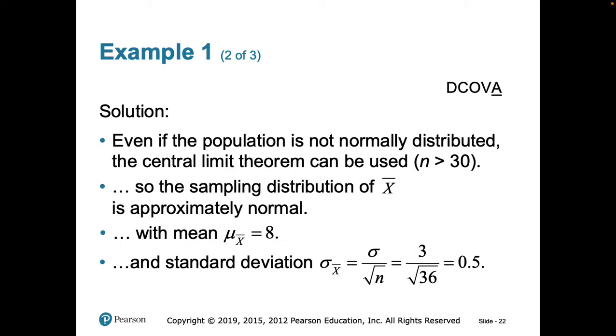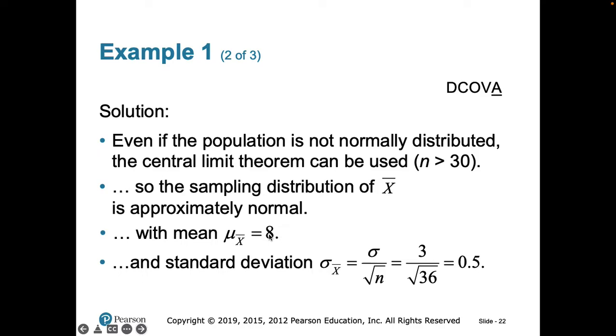And here is our solution. In this case, it doesn't matter if the population is not normally distributed. The central limit theorem can be used because our sample size is bigger than 30. So the sampling distribution of x bar is going to be pretty much normally distributed.